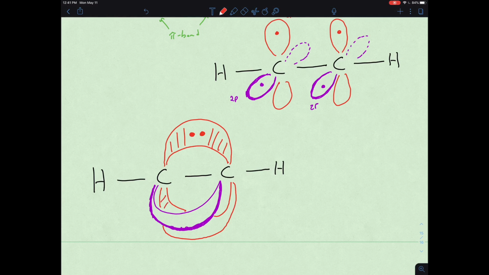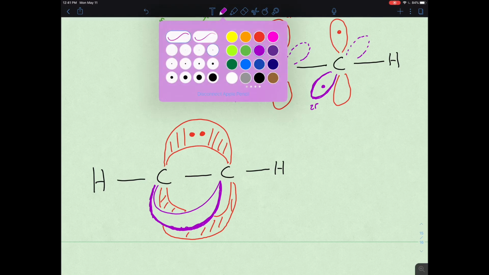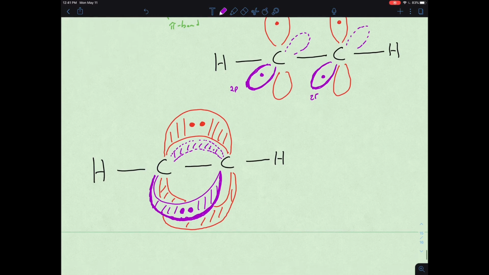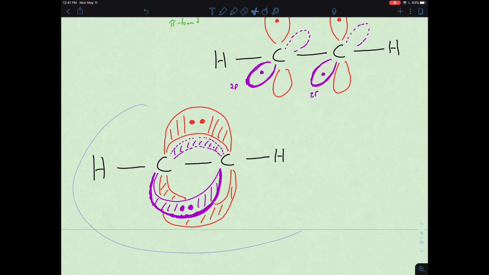Where we find that other density with the red, and then going back, we just have that lobe going back as well. So we can imagine maybe something that looks like this.